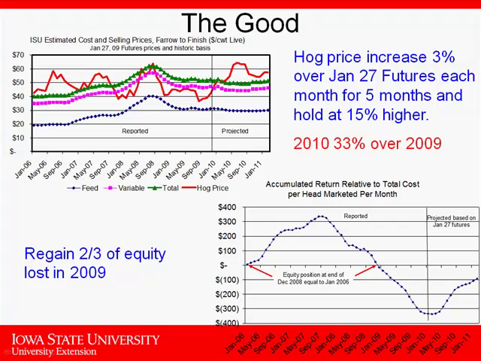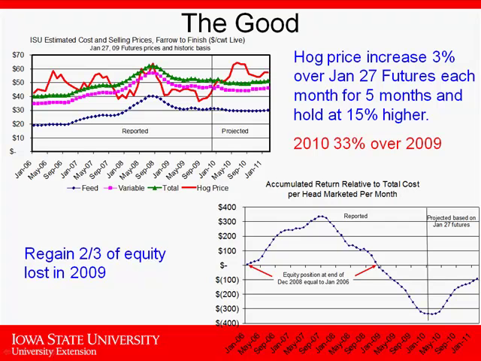Now, why did I pick that number? Well, 2 times in the last 20 years, we've seen a 33% increase in annual average hog prices from one year to another. So it can happen. It has happened. It can go higher than that, but I'm saying those are marks we've hit in the past. We have profits in the summer.